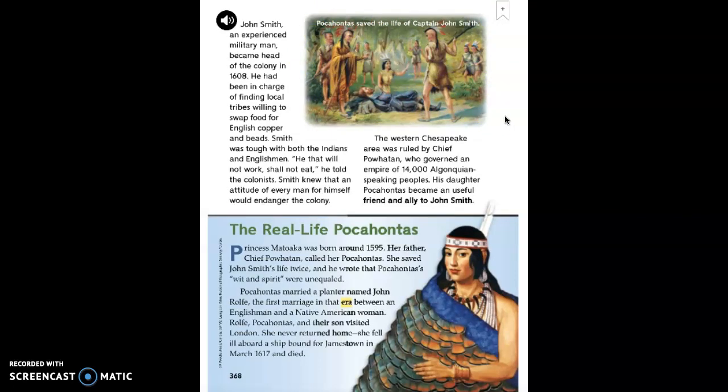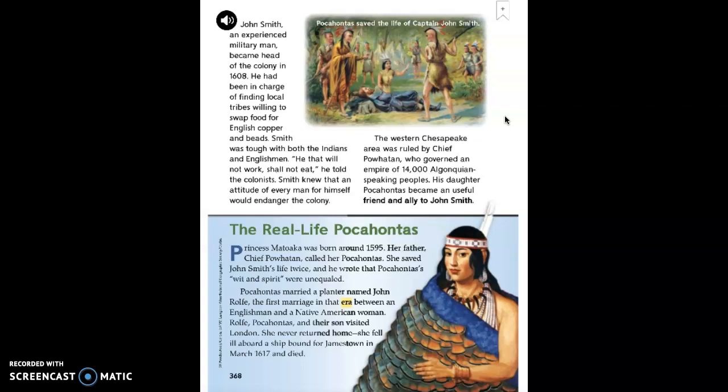Pocahontas saved the life of Captain John Smith. The real-life Pocahontas. Princess Matoaka was born around 1595. Her father, Chief Powhatan, called her Pocahontas. She saved John Smith's life twice, and he wrote that Pocahontas's wit and spirit were unequaled.